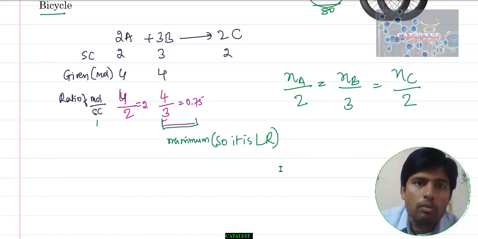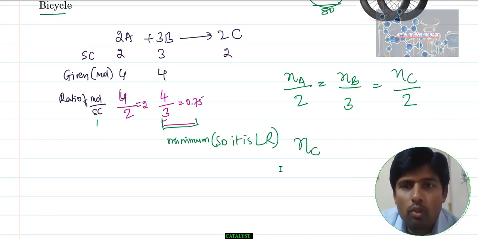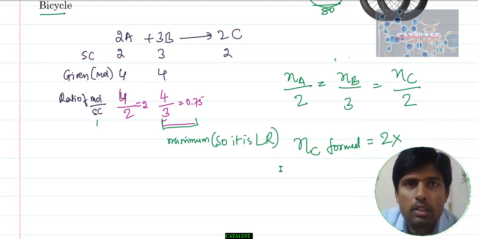Now we know the number of moles of B given is 4, and this is going to limit the reaction. So in that case, number of moles of C formed is equal to 2 into, because this denominator, now I am just equating these two.